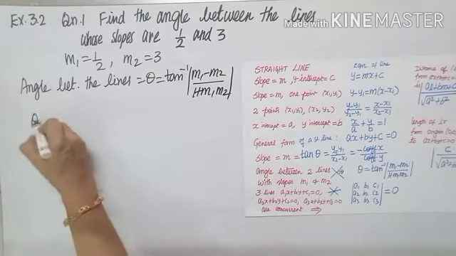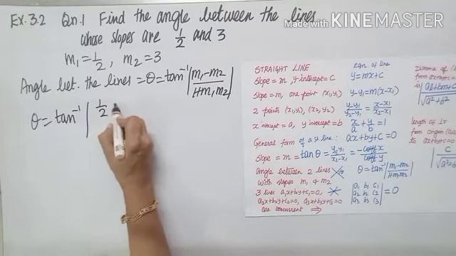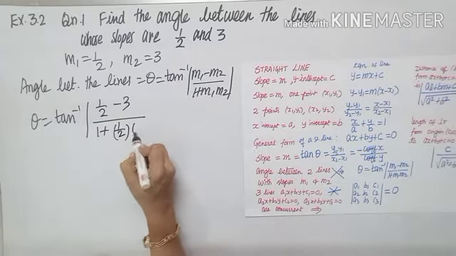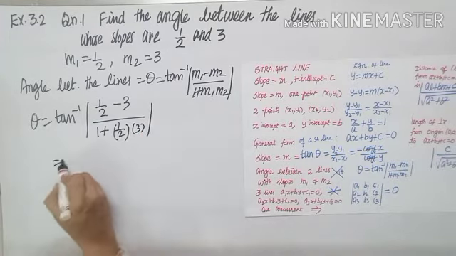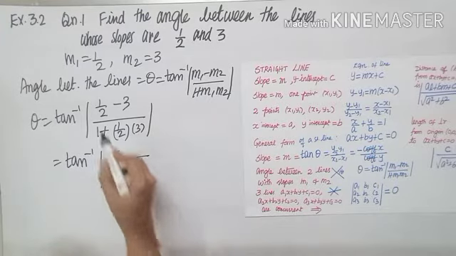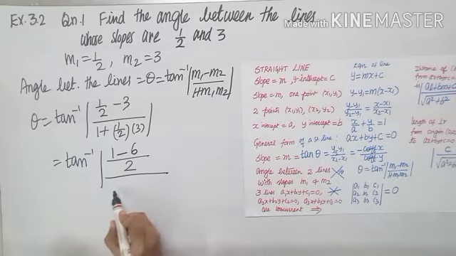Substituting, theta equals tan inverse of (1 by 2 minus 3) by (1 plus 1 by 2 into 3). Tan inverse of, we are taking LCM, (1 minus 6) by 2. Denominator also, the LCM is 2.